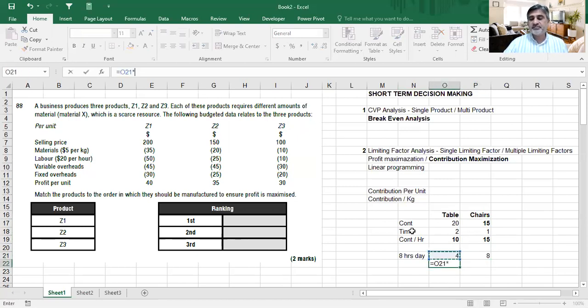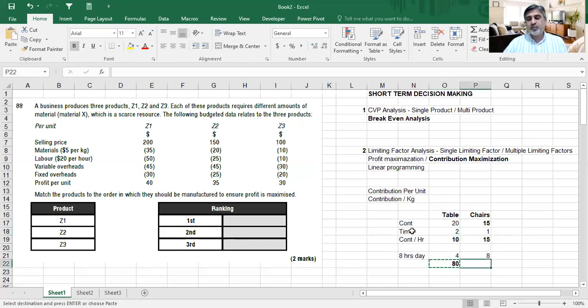So 4 tables multiplied by contribution $20: if I decide to make tables, I can only make $80 in a day. But if I decide to make chairs, I can make $120 per day, 8 chairs at $15 each. So be very clear that whenever you have to make a decision and a limiting factor comes in, time is a limiting factor.